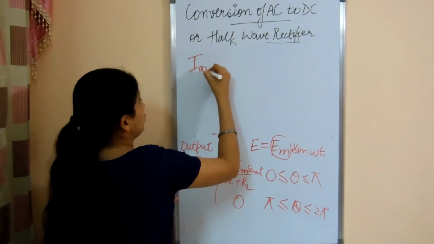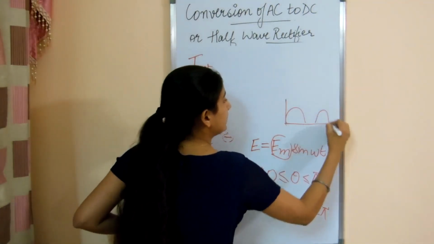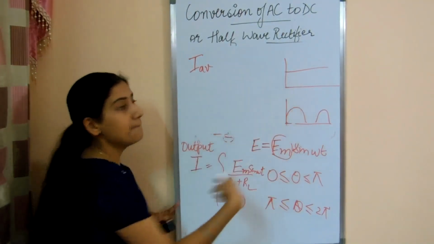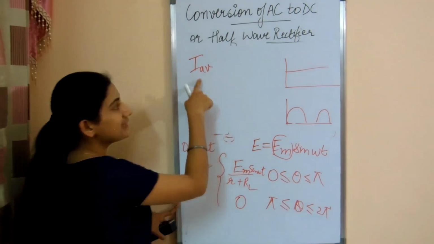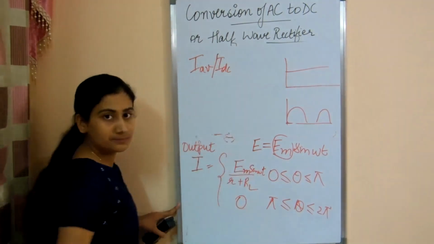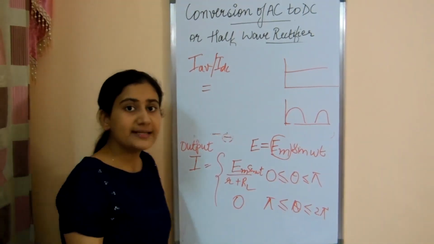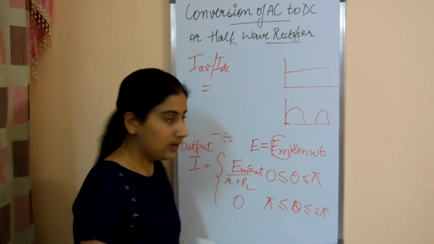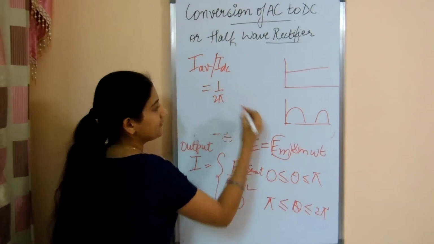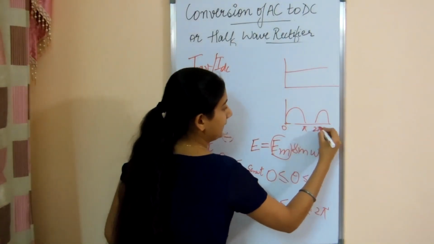I am converting my pulsating DC to steady DC mathematically. So I can represent my I average as IDC, my DC current, and its formula is the average for the one cycle. Here I am saying it is 0, it is pi, then it is 2 pi.